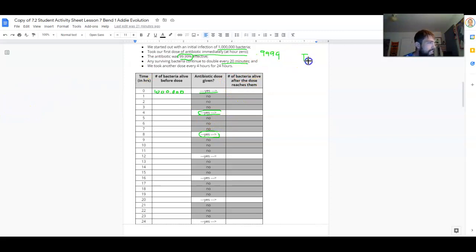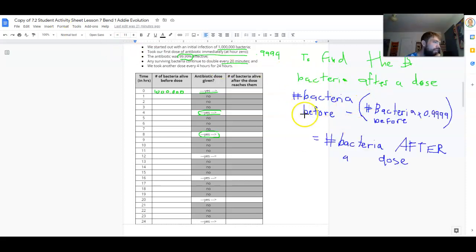To find the number of bacteria after a dose, you take the number of bacteria before and you subtract the number of bacteria before times 0.9999.